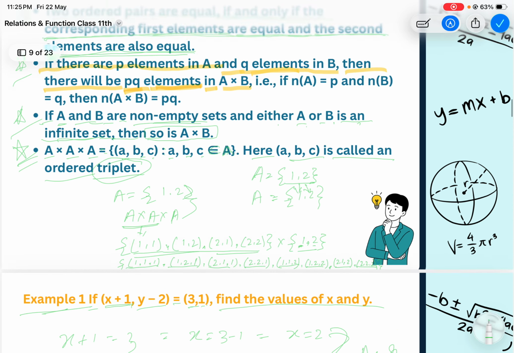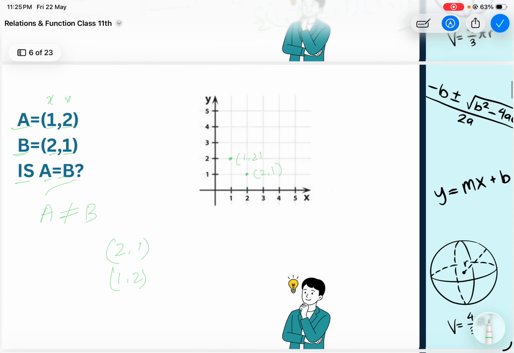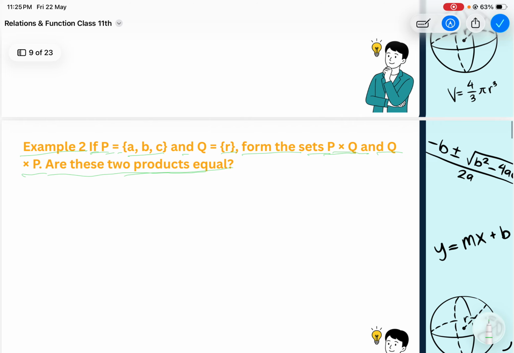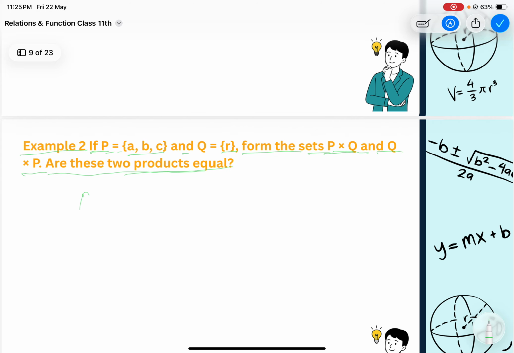So we know that both are different things. Here you see (a, x) and (y, x) are different, and we will get different coordinates. So let's quickly draw it. P × Q equals (a, r), (b, r), and (c, r).